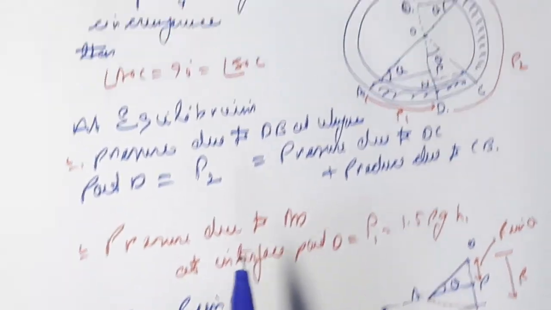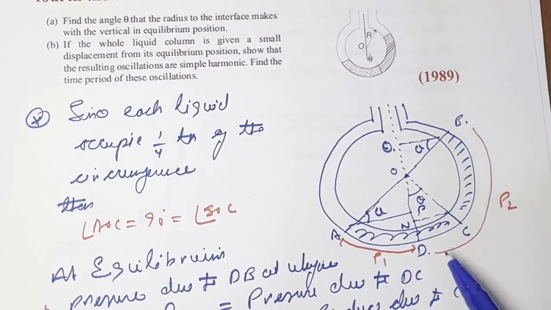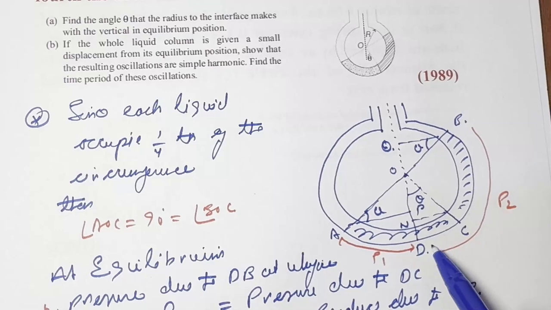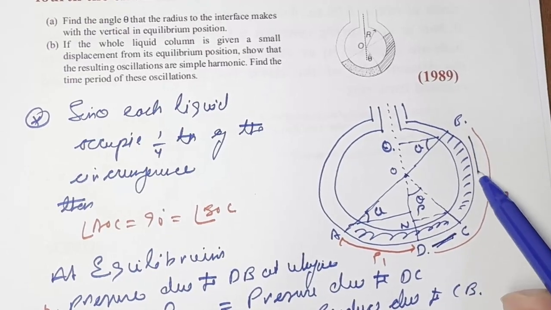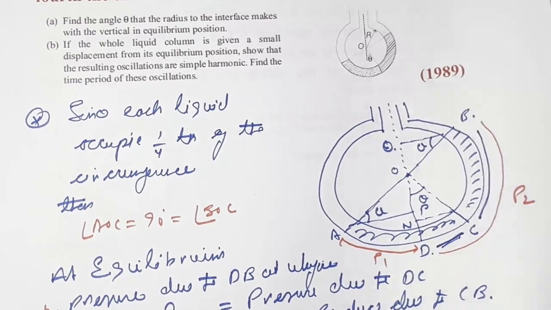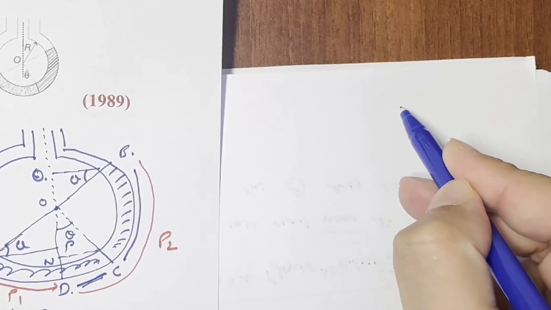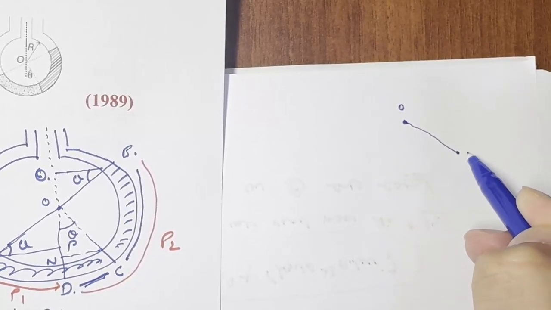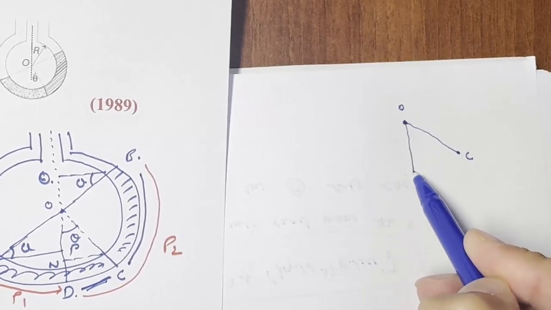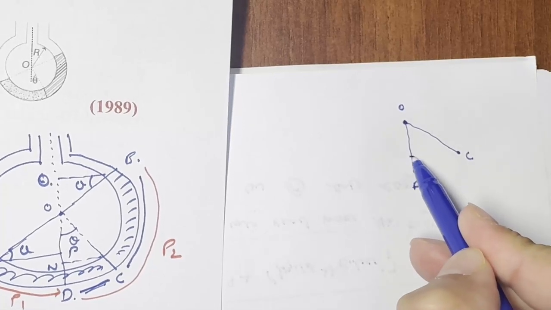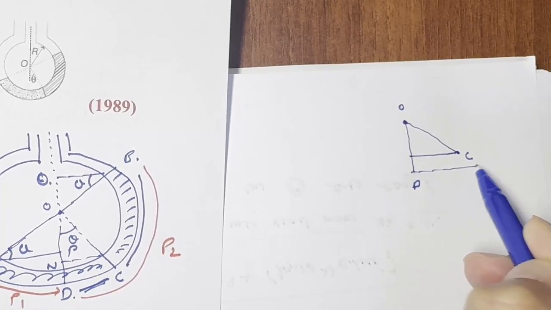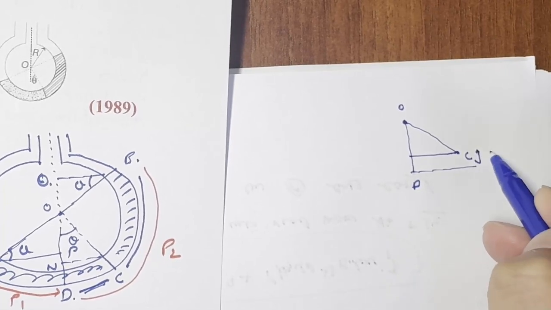Now we are going to find P2, and P2 is a combination of pressure due to this DC part and then pressure due to this BC part. Let us first solve for this DC. We have this as point O, this is our point C, and this is D, and this is the respective height, let us call this H2.